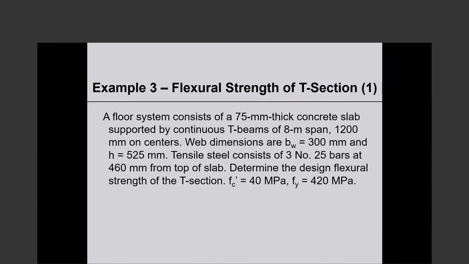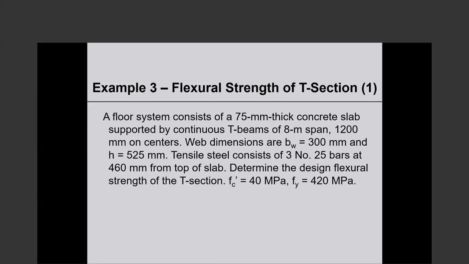So flexural strength of a T section. A floor system consists of a 75 millimeter thick concrete slab supported by continuous T-beams of 8 meter span. Okay, so the slab thickness is 75 millimeters, and the beams, the T-beams, have a span of 8 meters.